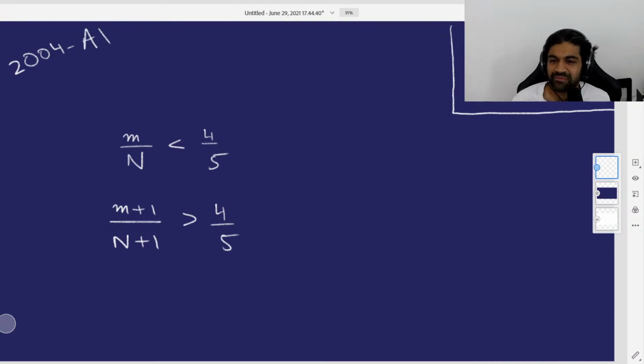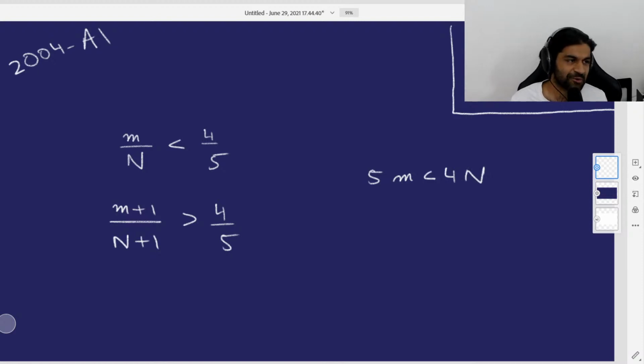So you have this situation where m over n is less than 4/5, but m plus 1 over n plus 1 is greater than 4/5, right? But of course, what does this mean? Basically, from the first inequality, we have that 5m is less than 4n, for capital N, right?